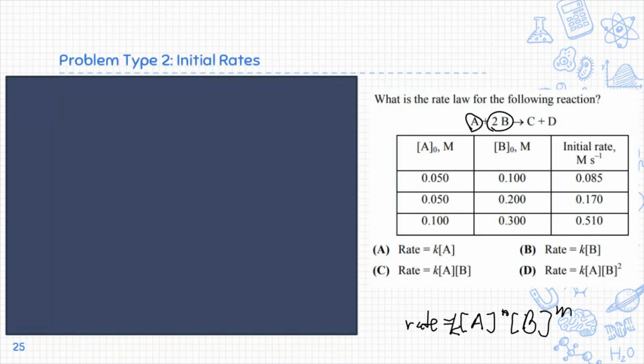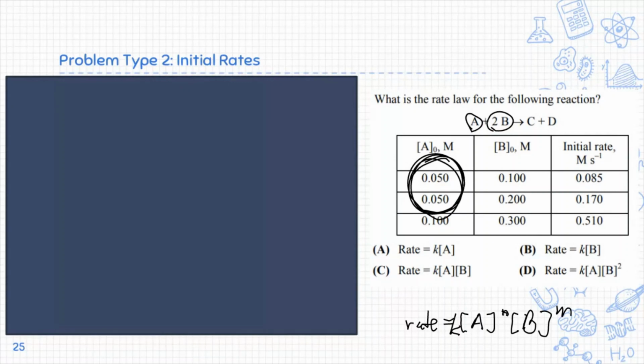So one way we can figure out the rate law of this following reaction is to compare two of these data values where one of these concentrations of the reactant species is held constant. That being said, in this case, as you can see, this is being held constant, right?